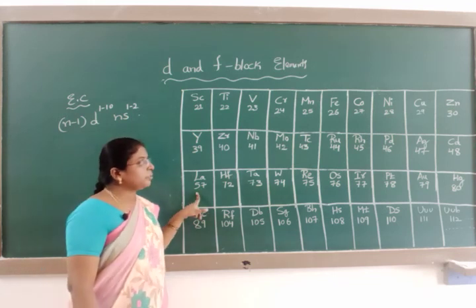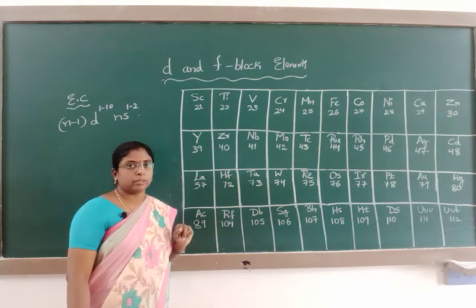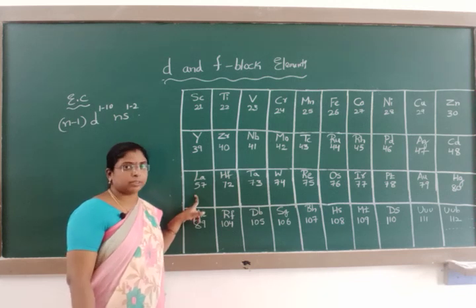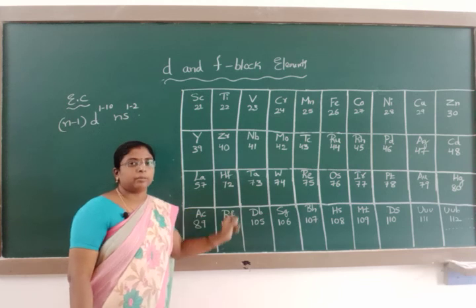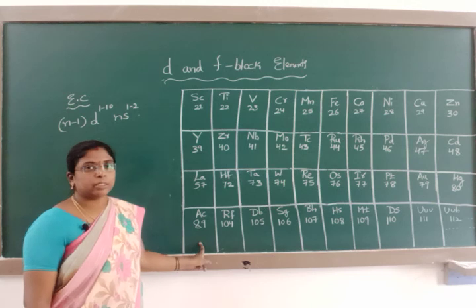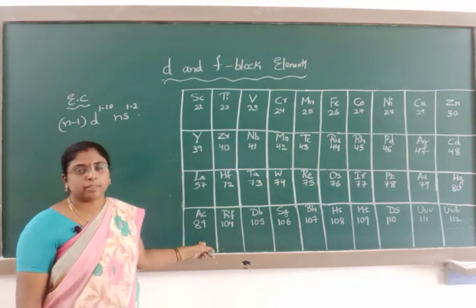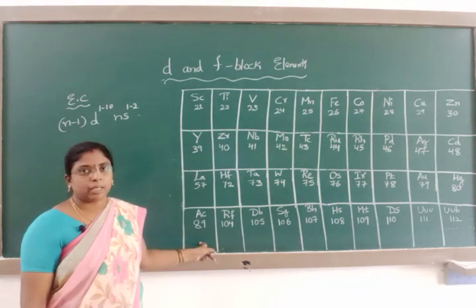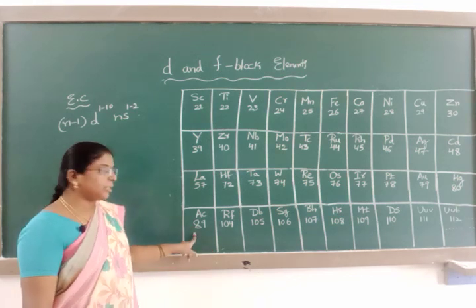From lanthanum to mercury is known as the third transition series, lanthanum with atomic number 57 and mercury with atomic number 80. The last, 6D series, is an incomplete series, starting from actinium with atomic number 89.